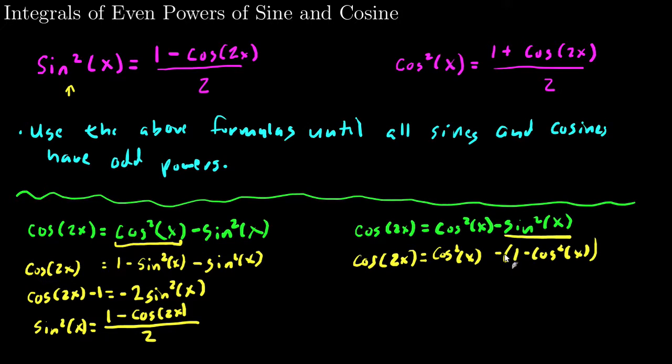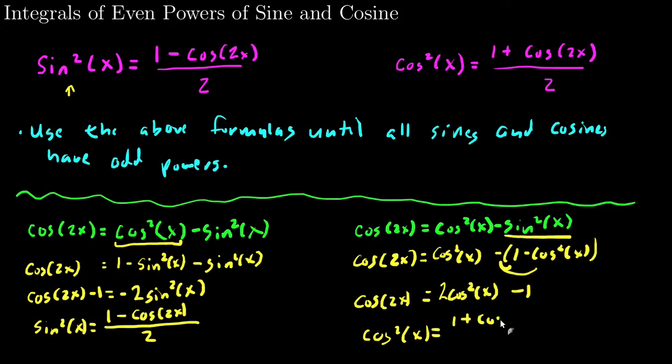And in here, the minus distributes, and so I get a minus 1. And I get a plus cosine squared x, which gives me 2 cosine squared x equals this cosine of 2x. I'm going to add 1 and divide by 2, which would give me cosine squared x equals 1 plus cosine 2x, all divided by 2. So that's the quick derivation of these two formulas, and as long as I know these two formulas, I can break down even powers of sine and cosine.